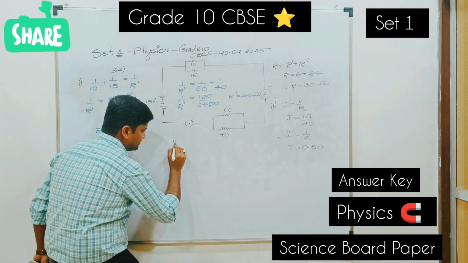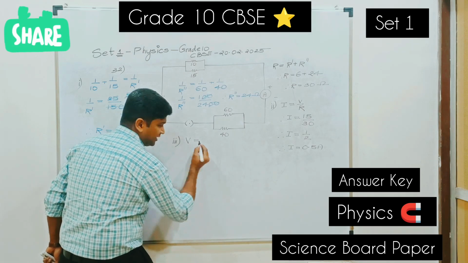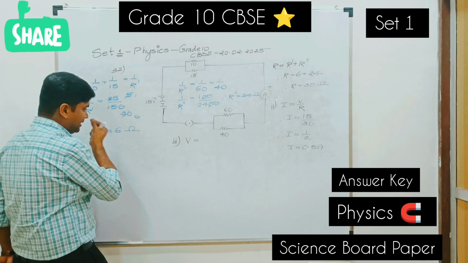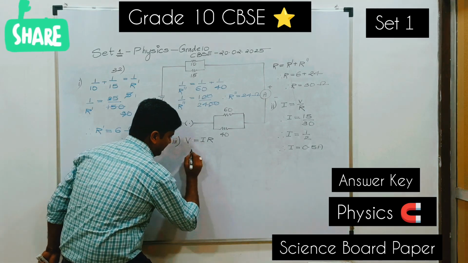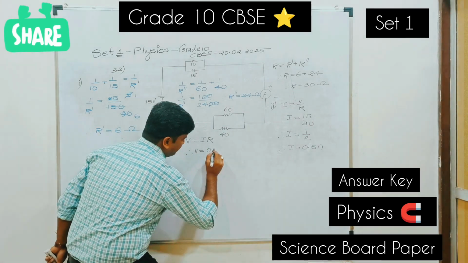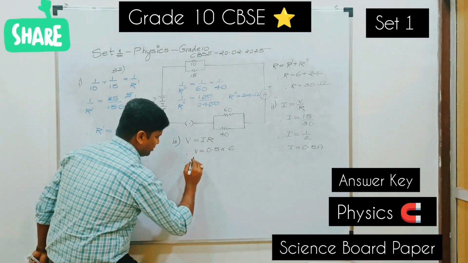So the third question, where do I write? Here I will write 1 2 3. We need to find the potential difference, correct, across this combination. तो इसका effective resistance आया था 6 ohms. So I know one thing, V is equal to IR. Therefore V equals to I, कितना आया था? 0.5 ampere. Effective resistance is 6 ohms.